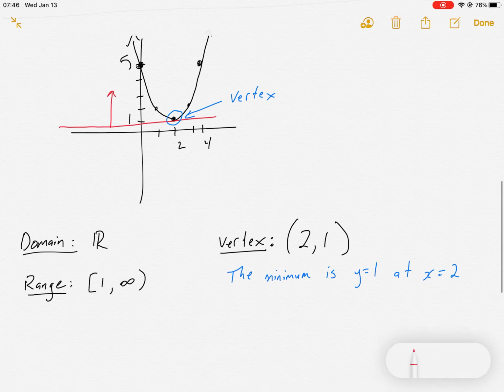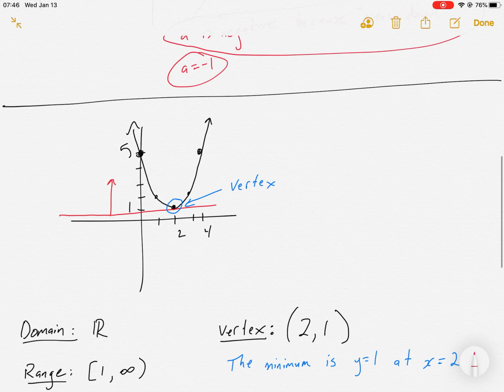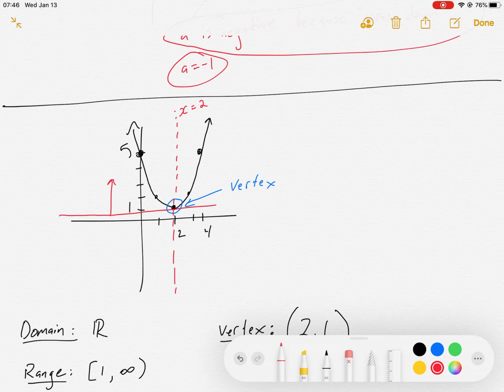Okay, the last thing I want to mention is something called the axis of symmetry. If you drew a vertical line through the vertex, this is the equation x equals 2 here. Notice that that's the line of reflection for the parabola. If you folded it around that line, you would have all those points meeting each other.